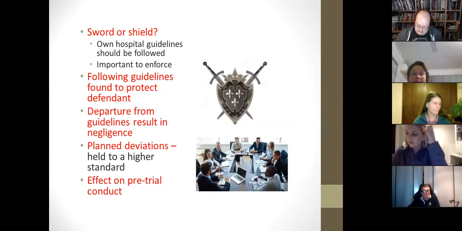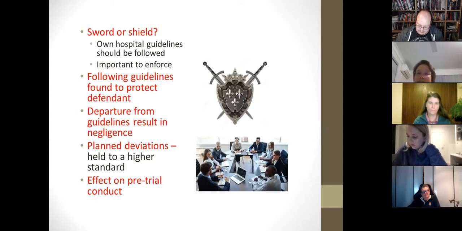All right. So there were articles on whether guidelines were a sword or a shield. And it turns out most of us think that they'll protect doctors from getting sued, but actually that turned out not to be the case. In the vast majority of cases, the plaintiffs that won showed that the doctors were not following the guidelines.